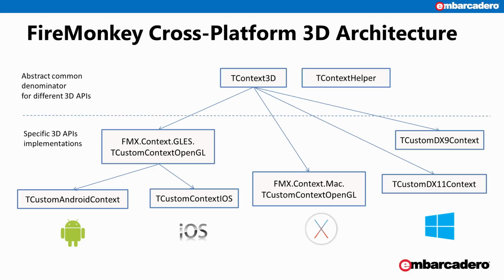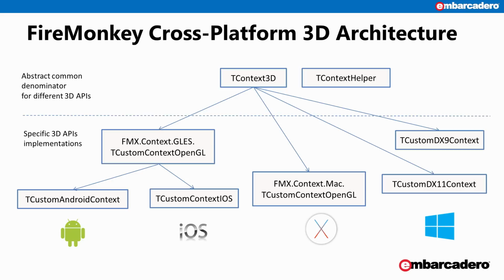So FireMonkey provides an abstract class TContext3D that provides common methods that you can call from your application code. Typically you don't need to call these methods directly because you can use high-level components that will make calls to these methods and properties, and then depending on which platform you compile your application for, these calls will be translated to actual specific 3D APIs provided by classes for different supported platforms.